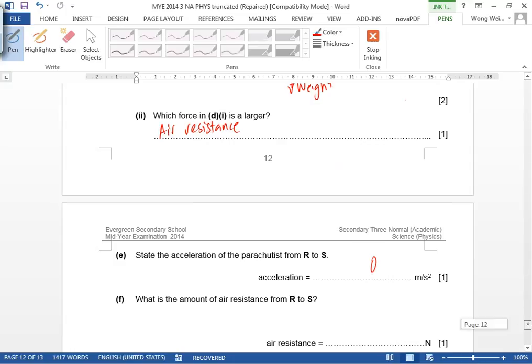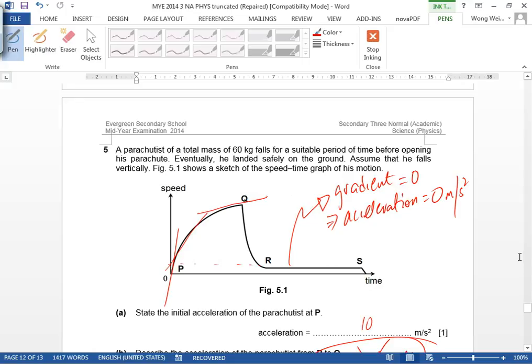Okay. Now let's try to imagine this portion. From R to S, there is no acceleration. So it is falling at a constant speed, right?